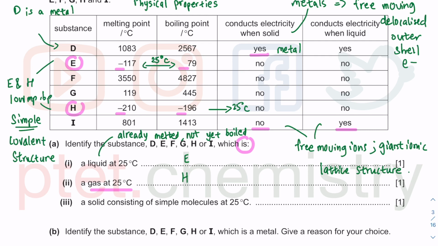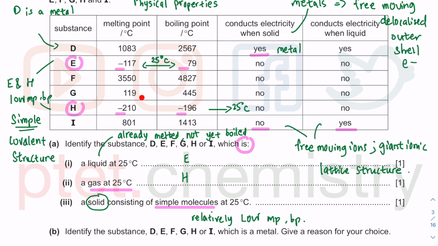Now, a solid consisting of simple molecules at 25 degrees Celsius. So we're looking at something which is relatively low. Relative means in comparison, it is still a low melting point and boiling point, but it is a solid. So it's a bit higher than these negative values.